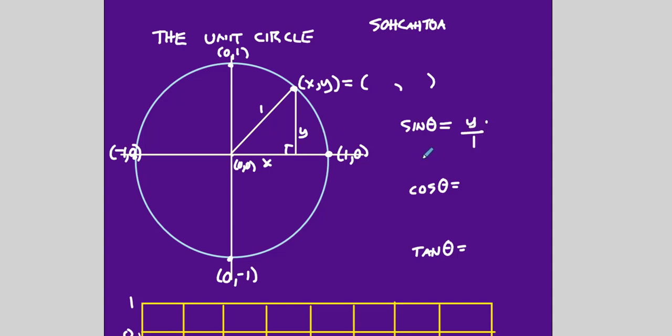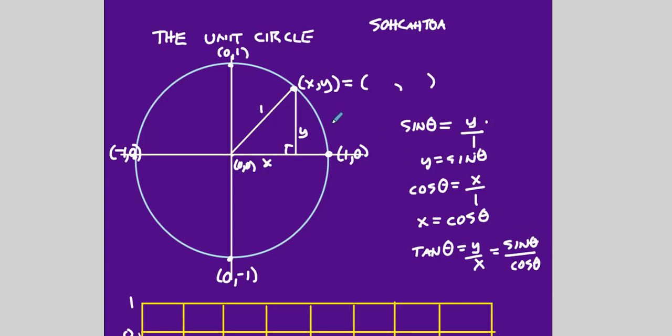So cross multiplying, I get y equals sine theta. Cosine theta is adjacent over the hypotenuse. So that's going to be x over 1. So x is, by cross multiplying, cosine theta. Then tangent is y over x again, which is going to be sine theta over cosine theta.